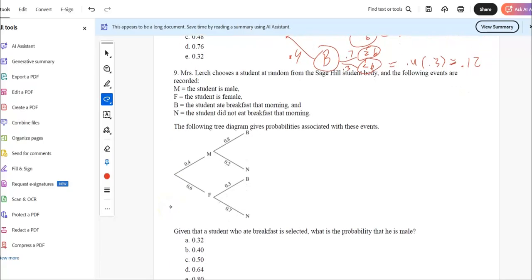Here they gave us, that's nice, they gave us the diagram. Given the student who ate breakfast is selected. So we're looking at this group, which is 0.4 times 0.8, which I think is 0.32. And this group, which is 0.6 times 0.3, which I think is 0.18.